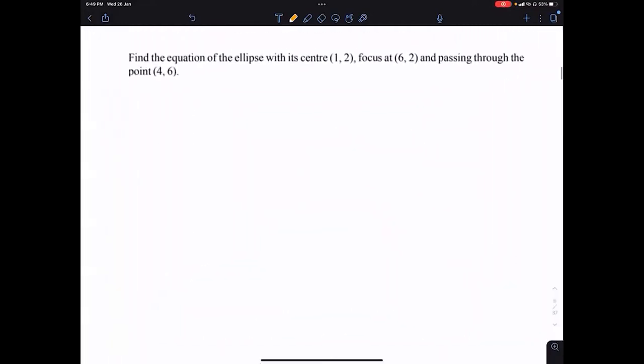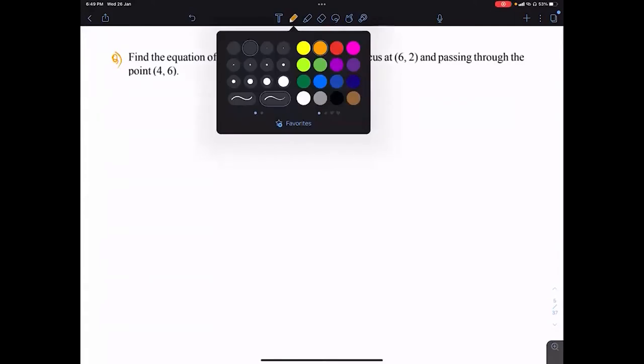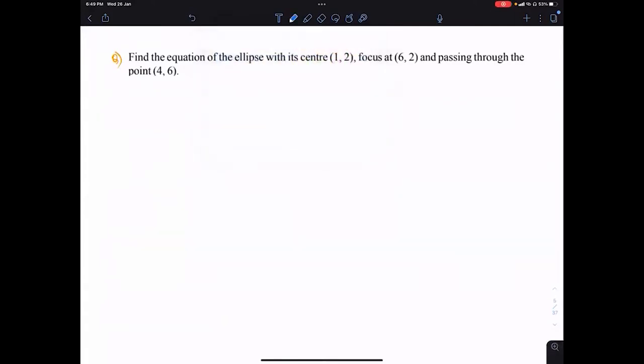Let us see this question. Find the equation of the ellipse whose center is 1 comma 2, focus is 6 comma 2, and passing through 4 comma 6. So center is 1 comma 2, focus is 6 comma 2. That means just going right by 5 units, you will get the focus 6 comma 2.